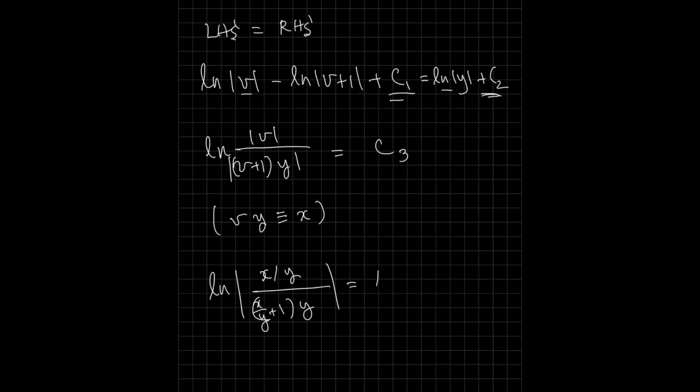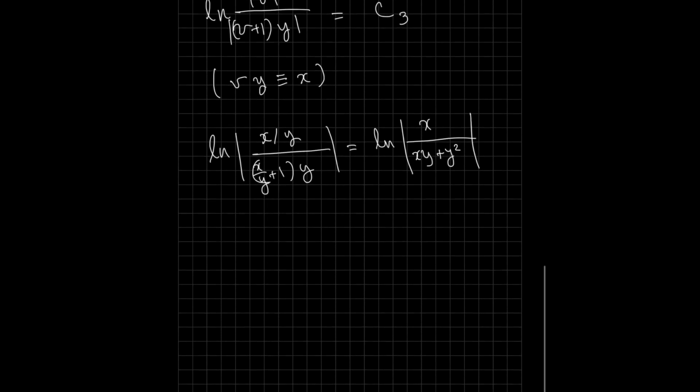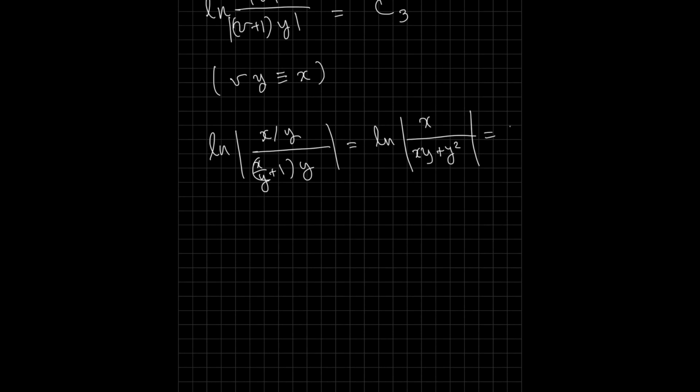And then let's simplify that a bit. You multiply the numerator and the denominator by y, and so you're actually going to get x over xy plus y squared. So that looks good to me, and this is equal to some constant.